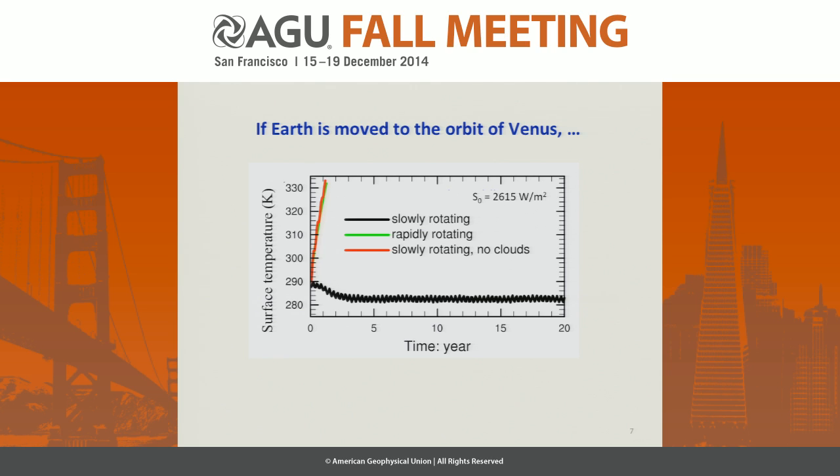But if you slow down the rotation rate to the rotation rate of Venus, you will find that it's habitable. It's shown in the black line. The global mean temperature is close to our Earth. But if you slow down the rotation rate but the model doesn't include cloud, it will also enter into runaway greenhouse state.